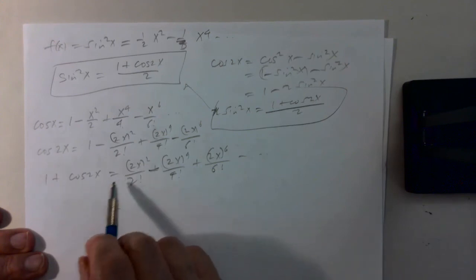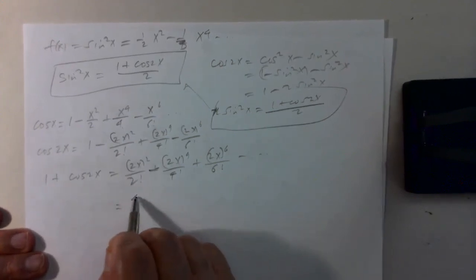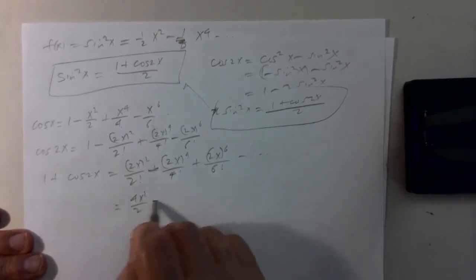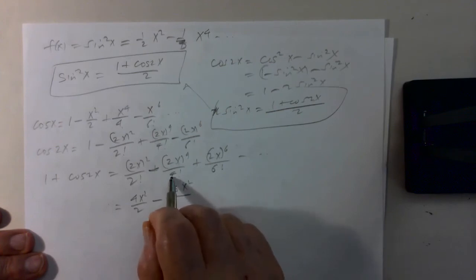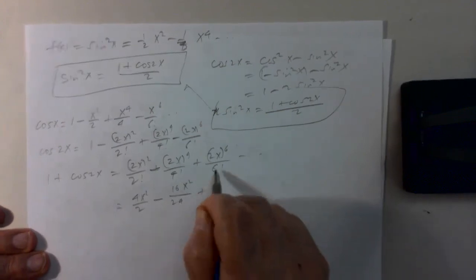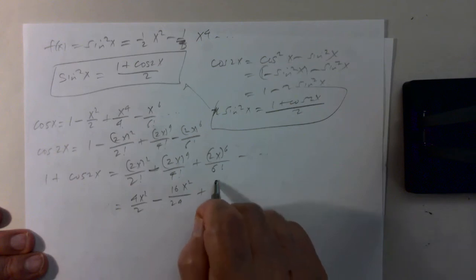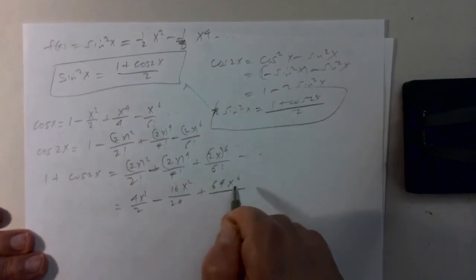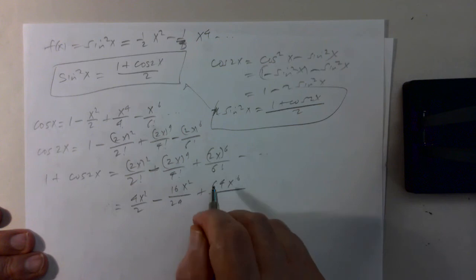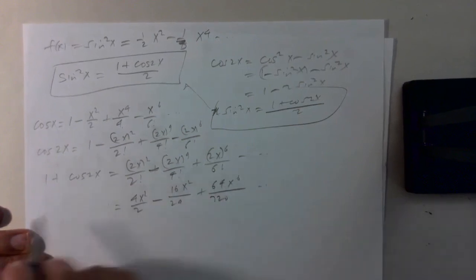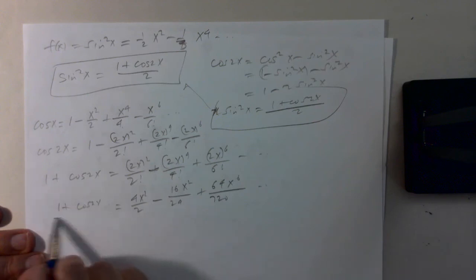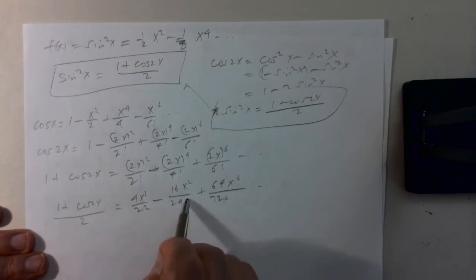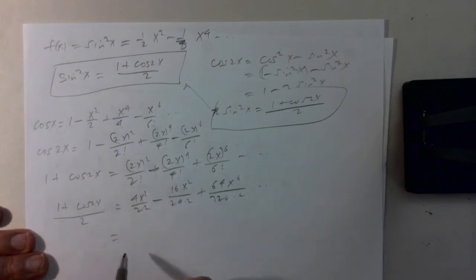So this is equal to 4x squared over 2 minus 16x to the 4th over 4 factorial, which is 24, plus 2 to the 6th is 64x to the 6th over 6 factorial, which is 720, I believe. And if I divide by 2, what do I get?